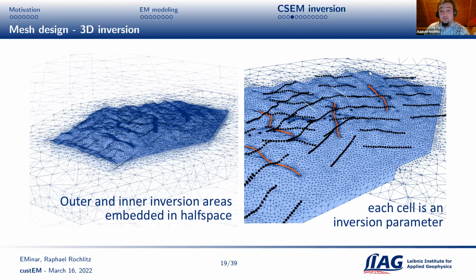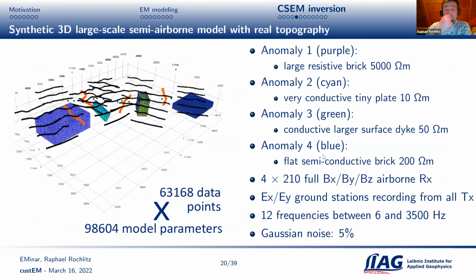And of course, in the center of our inversion mesh, we have transmitters and our airborne electromagnetic field receivers. And this model is exactly what I will use now to do a first synthetic inversion benchmark. On the left-hand side, we have the same geometry as shown in the inversion model before, but here you see the model I used for calculating the synthetic data. I added four anomalies beneath our flight areas.